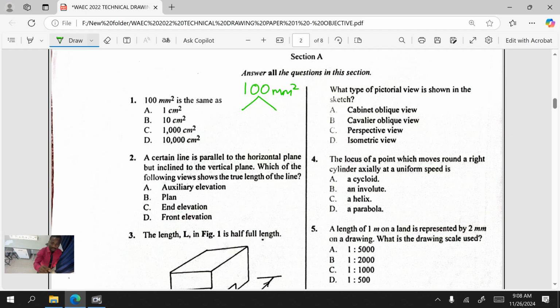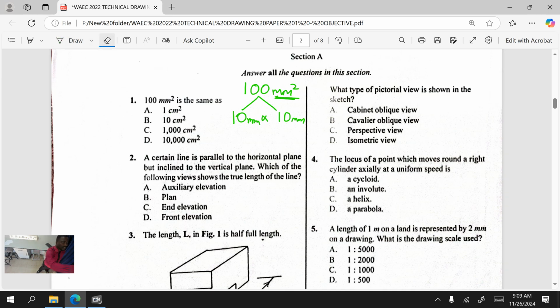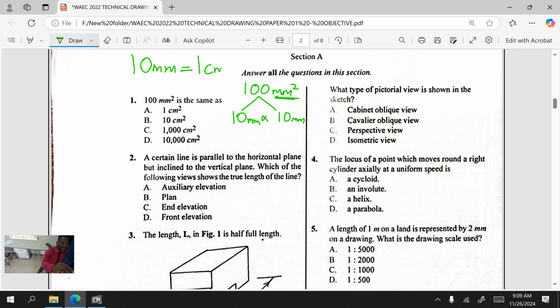Look at the conversion. First, we split 100 into tens. If I want to split 100 in tens, 10 times 10 will give me 100. Then if I split the millimeter square, that will be millimeter times millimeter. My options are given in centimeter, so I have to convert to centimeter. What is the relationship between millimeters and centimeter? 10 millimeter is equal to 1 centimeter.